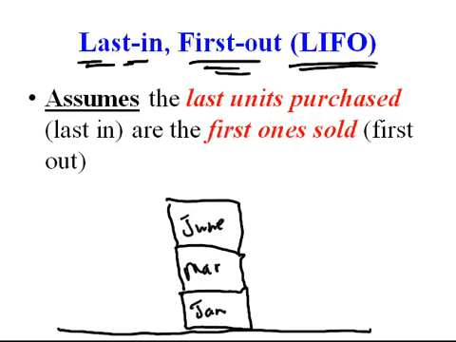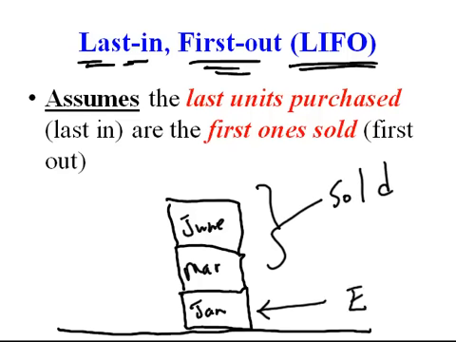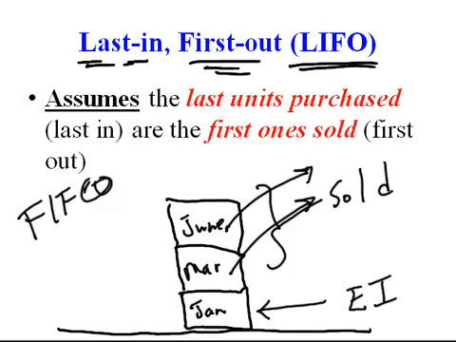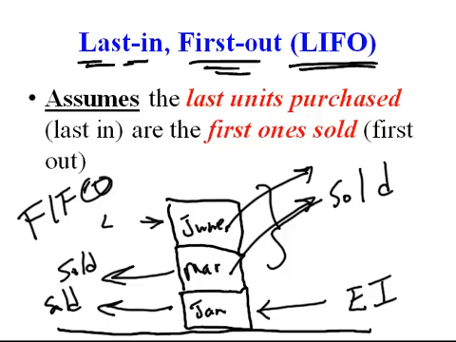And let's assume at the end of the year we have 1 box remaining. The LIFO method of inventory costing would assume that these 2 were sold, that this one is in ending inventory. Last in, first out. Next one in, next one sold. In contrast, FIFO would assume that this was the first one sold and that this was the next one sold. Consequently, the assumption is that this last box acquired would be in ending inventory.